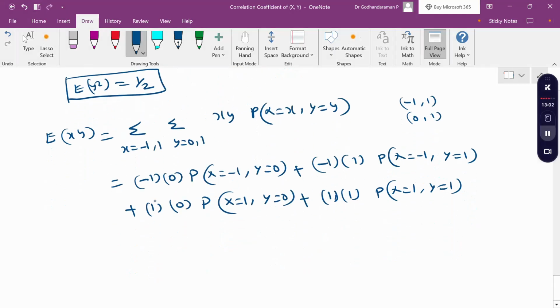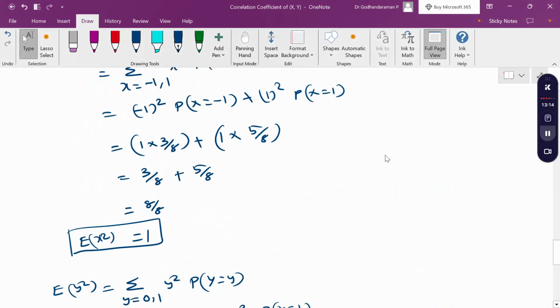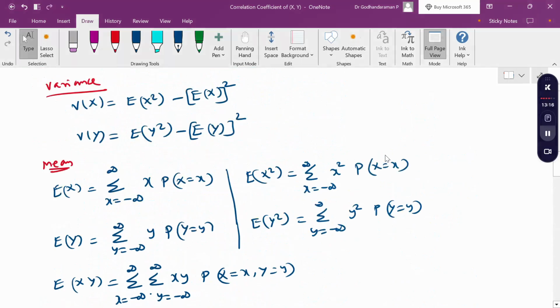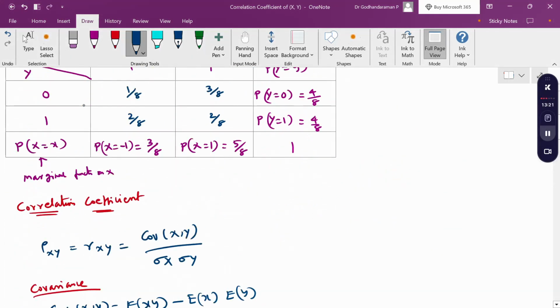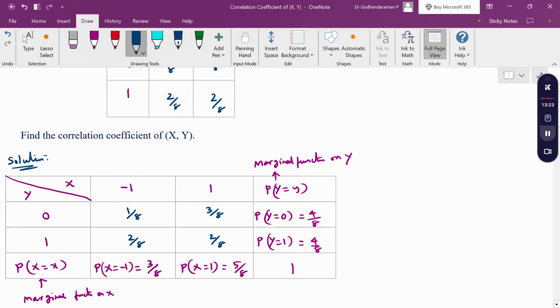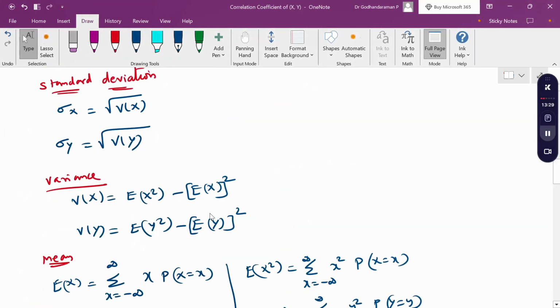So the first term is 0, since 0 into any term is 0. Minus 1 into plus 1 gives minus, for x equal to minus 1, y equal to 1. See the table given: the value for x minus 1, y1 is 2 by 8, and for x1, y1 it is 2 by 8.